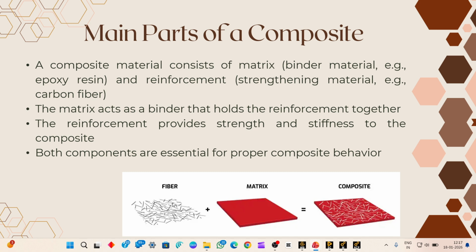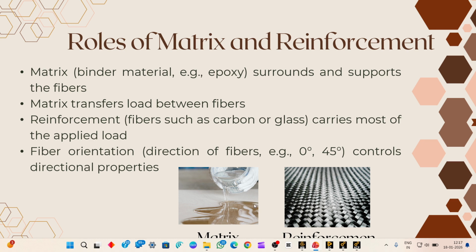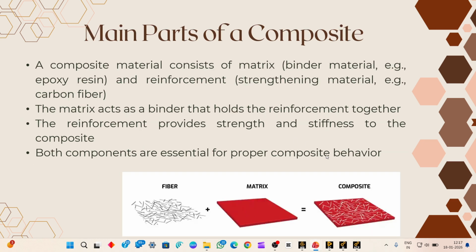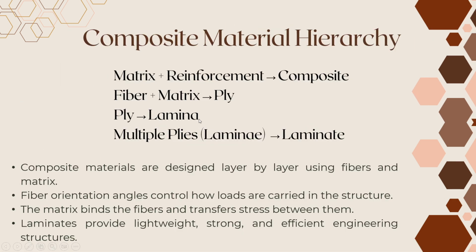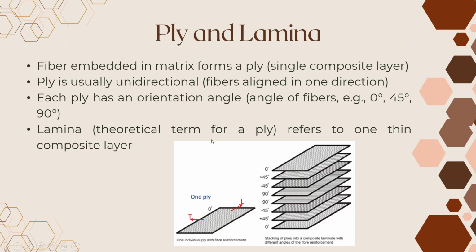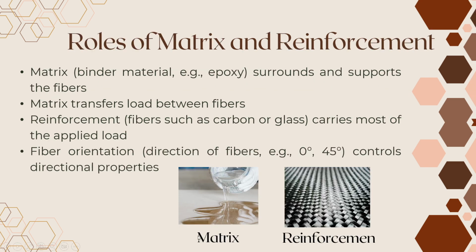And now this is a fiber we have chosen, the carbon fiber. The matrix, which is in liquid form, will be mixed with the carbon fiber to make the composite structure. Fine. So this is a single ply. When you mix fiber plus matrix, it is called a ply, and the ply is also called a lamina. So the carbon fiber is already there, and the epoxy resin is what we are going to use in real.